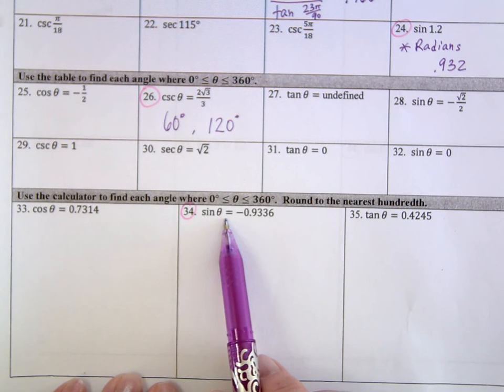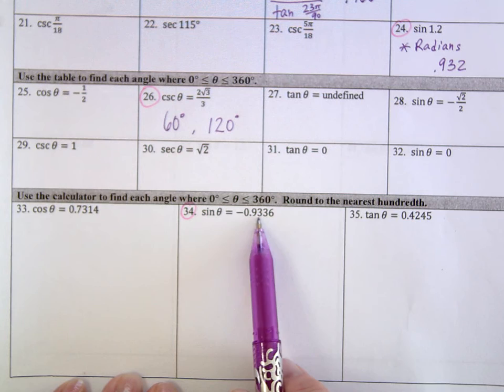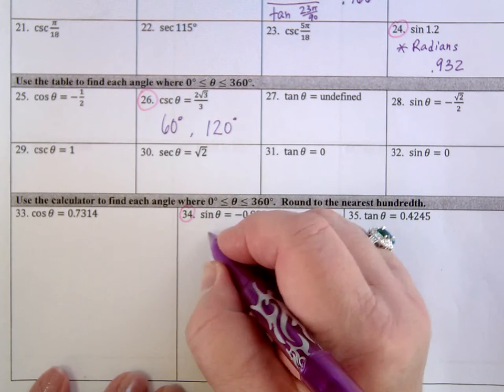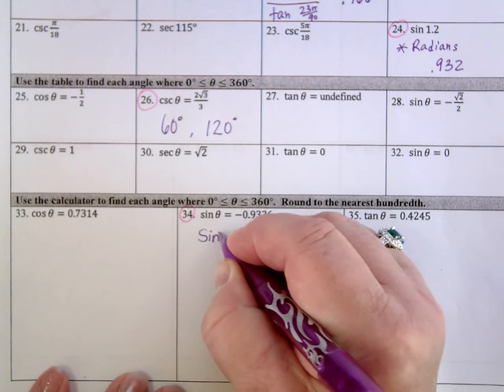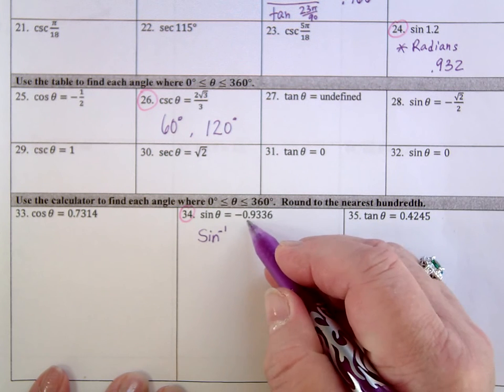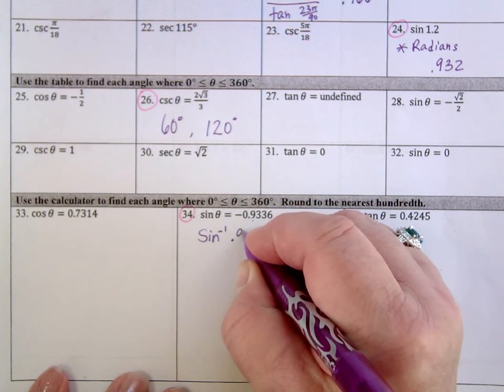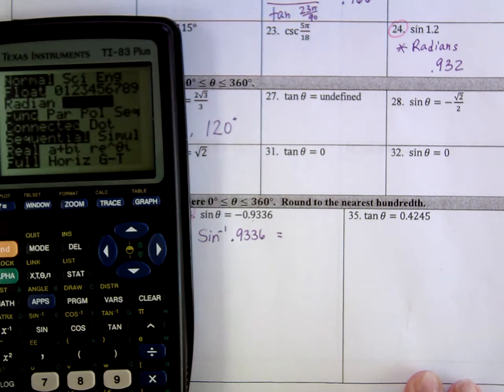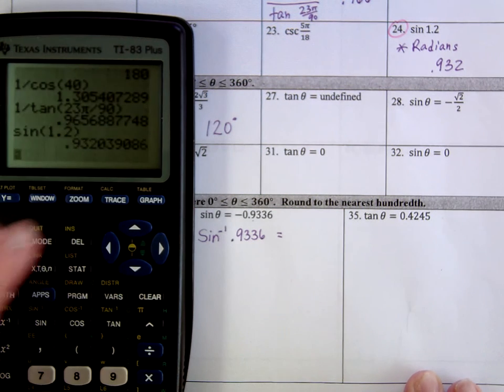This is not on my chart, so I need to figure out a way in the calculator to calculate that, and it's this whole thing where you take the sine to the negative 1, and when you put in the positive value of that decimal, 0.9336, that's going to give you what's called a reference angle. I gave a more in-depth explanation in the introduction video about this, so if you watch that, you should have this in your wheelhouse.